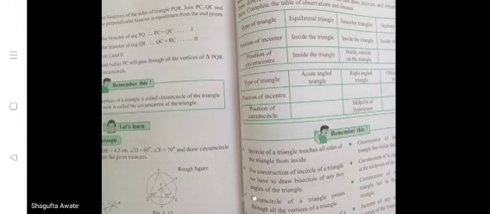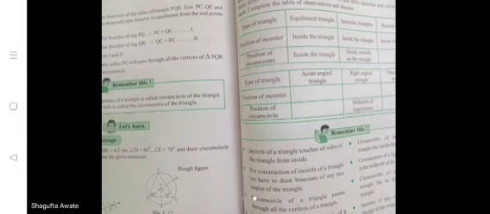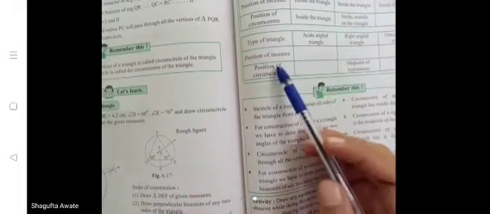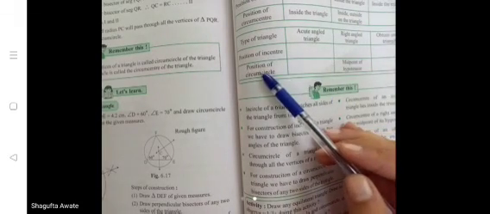For the obtuse angle triangle, it lies outside the triangle. Then for the acute angle triangle, the position of the incenter is inside. In the right angle triangle, the circumcenter is the midpoint of the hypotenuse.